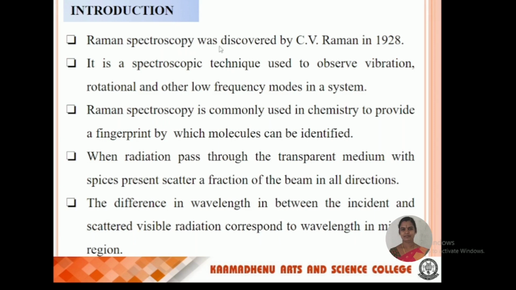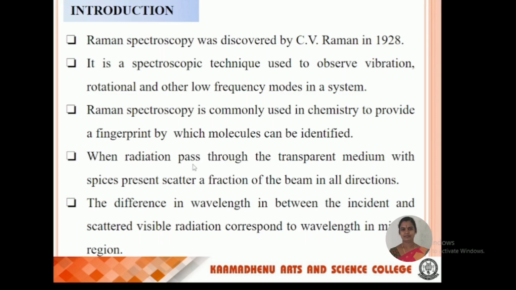Raman spectroscopy was discovered by C.V. Raman in 1928. It is a spectroscopic technique used to observe vibrational, rotational and other low frequency modes in a system. Raman spectroscopy is commonly used in chemistry to provide a fingerprint by which molecules can be identified.